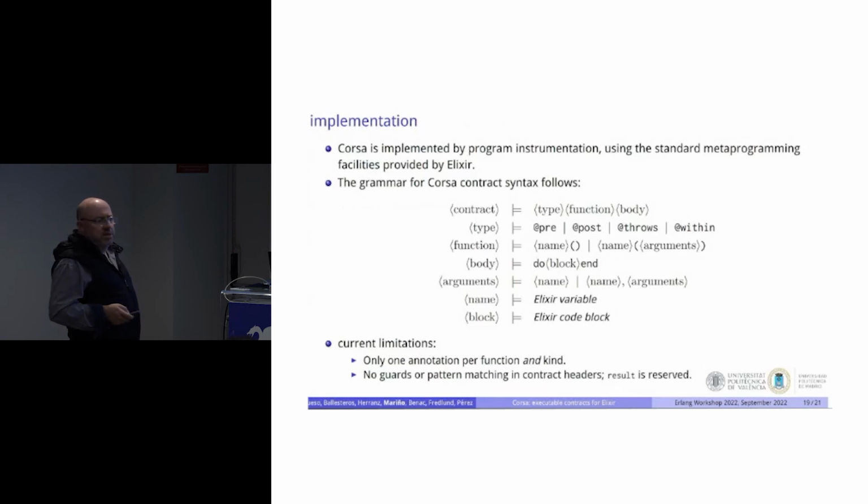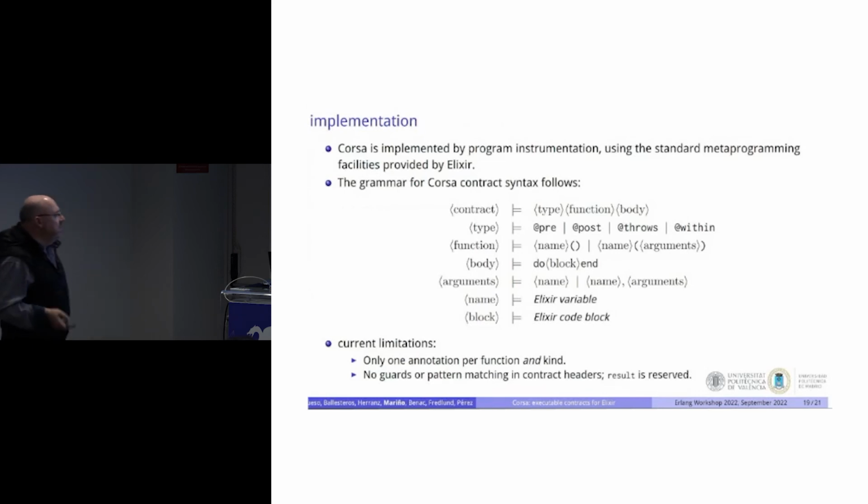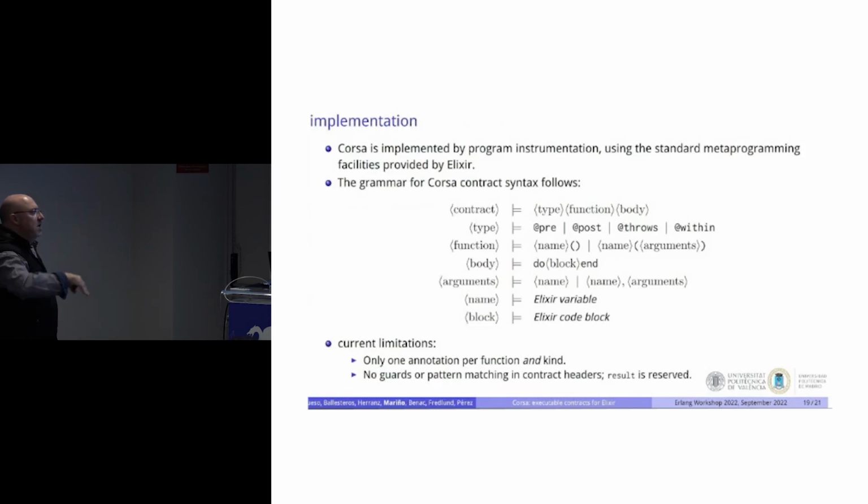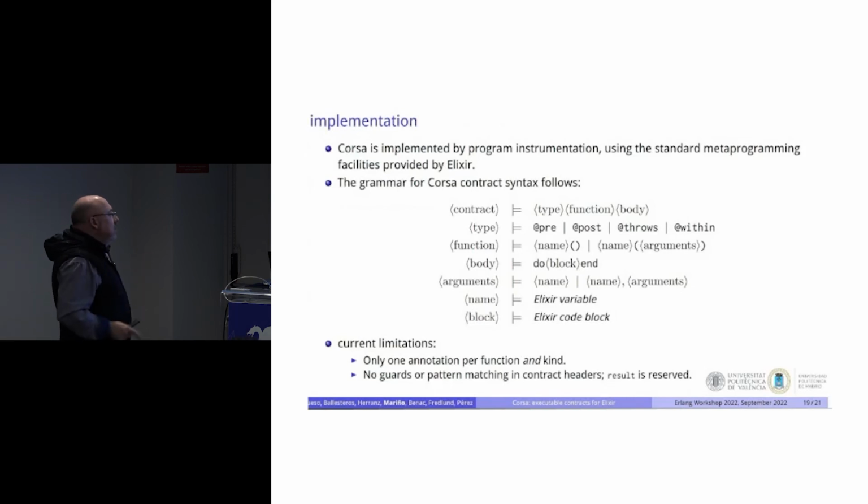Some limitations, some are temporary limitations, some really make sense. We're just allowing one annotation per function and type. So if you are annotating a function, then you're only allowed to have one pre-condition contract or one post-condition contract, not several of them.